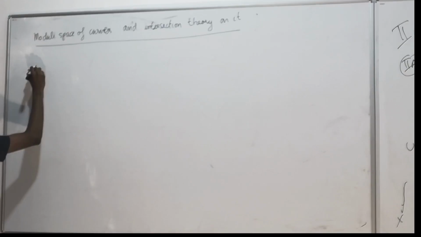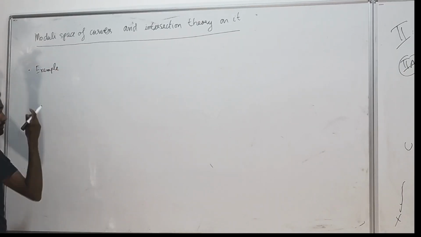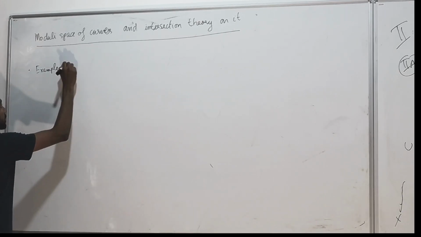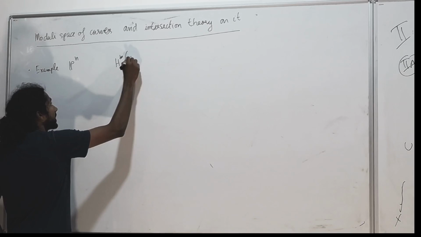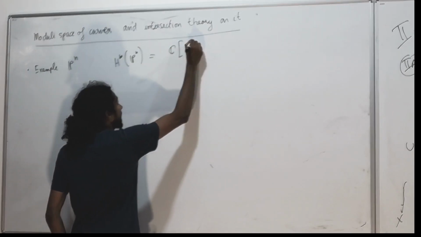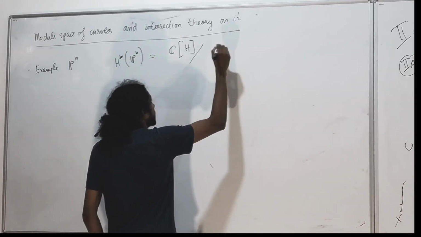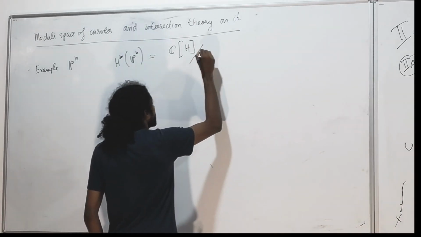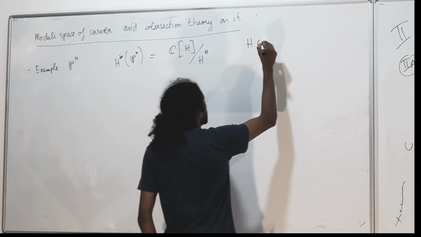Example, if you're not so familiar with homology, is the cohomology of projective space. It's a vector space. The cohomology ring of projective space has a class H, living in a quotient by H to the n plus 1, and H has degree 2.